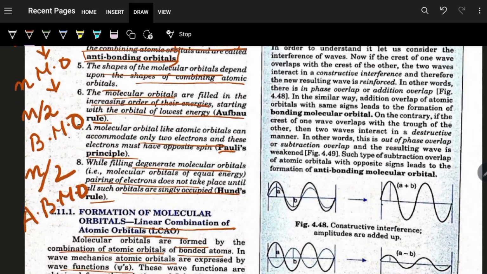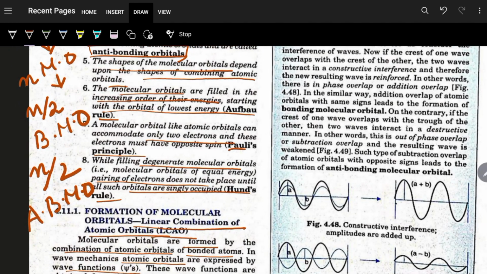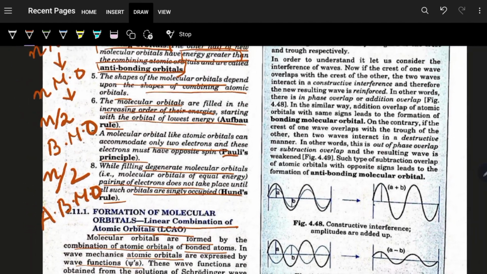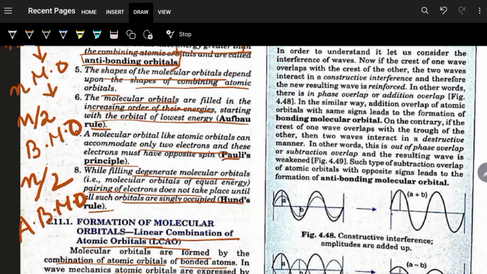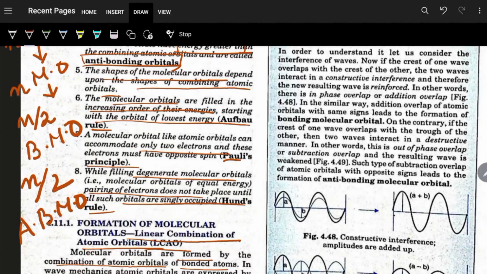Next, the molecular orbitals are filled in increasing order. Just as we have seen in the atomic orbitals, electrons are filled as per energy. That is, the lowest energy orbital is filled first as per Aufbau principle. Same over here. Molecular orbitals are filled in increasing order of their energies.